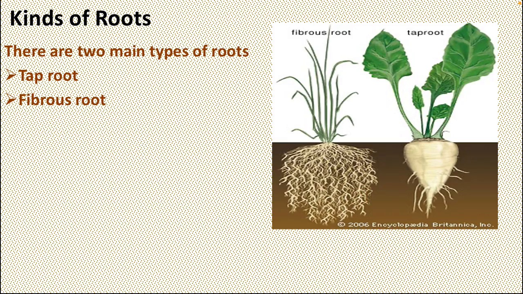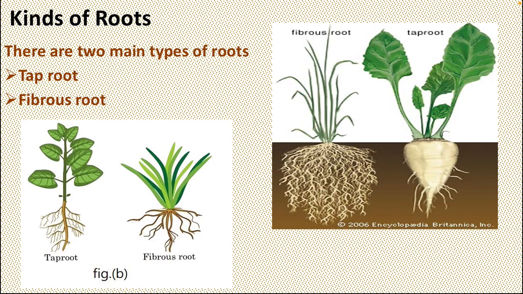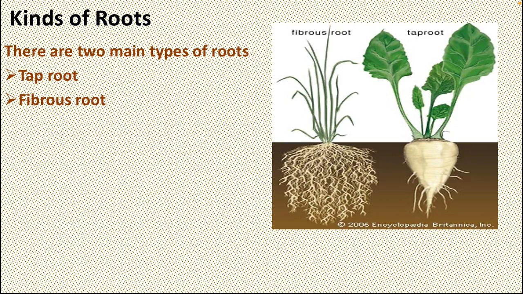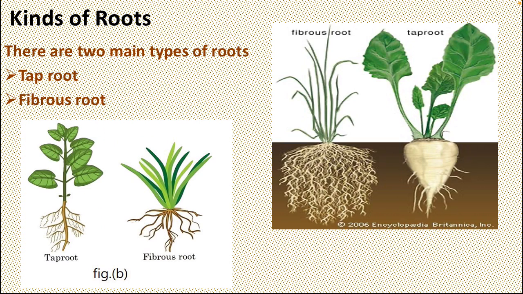On the right side, you can see this one is the taproot and this one is fibrous root. As you can see clearly the difference, this root is more strong and thick and this root is thin and bushy.